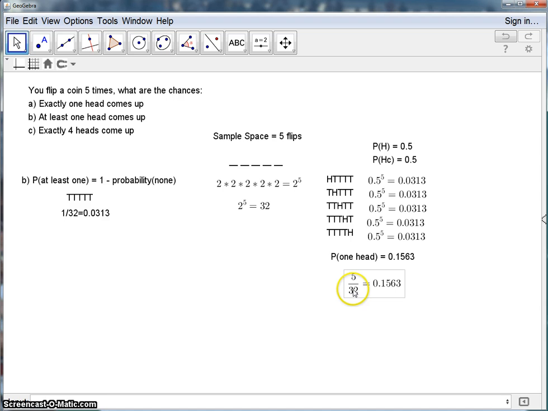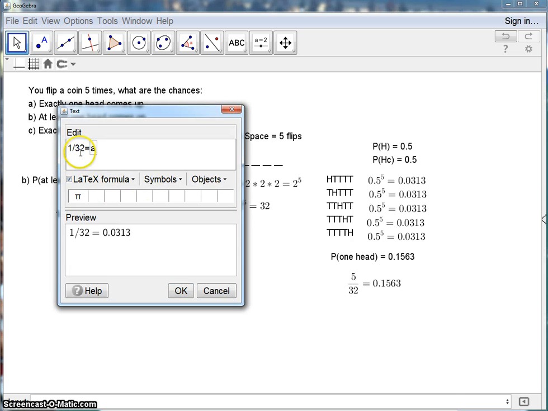So the sample space is 32. There are 5 different ways to get one head. 5 out of 32 is 15.63%. To get no heads, to get all tails, is 1 out of 32, which is a considerably lower chance here. I'll just rearrange this so it's a fraction.